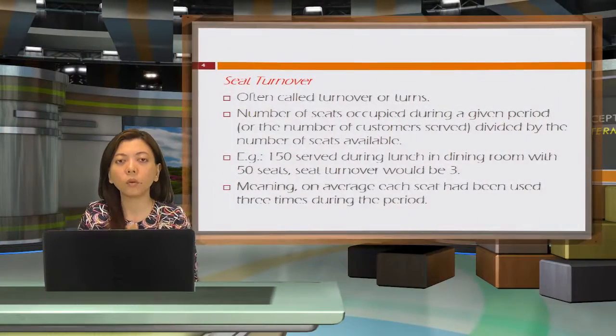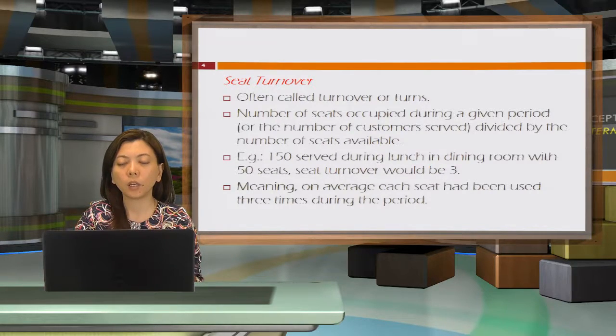So there's also seat turnover. This is important if you want to know in your operation, on average, how many times each of those seats is being used by your customers. It's often called turnover or just turns. So it's the number of seats occupied during a given period divided by the number of seats available.